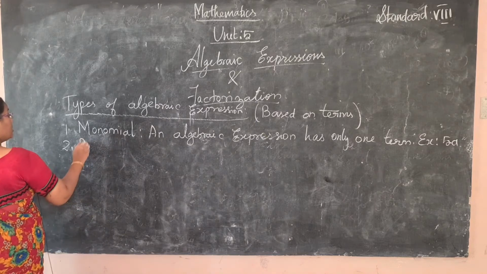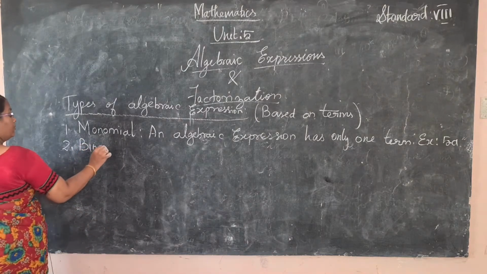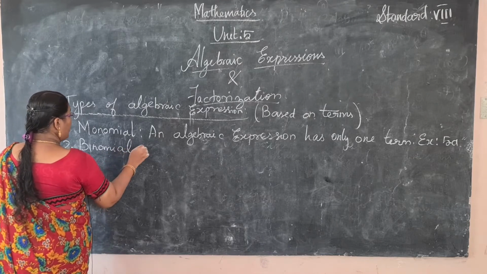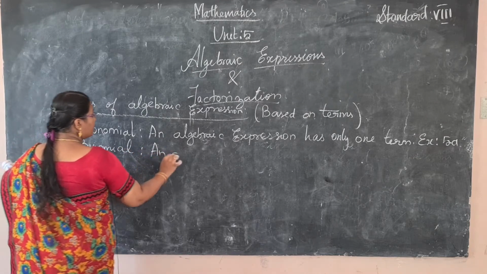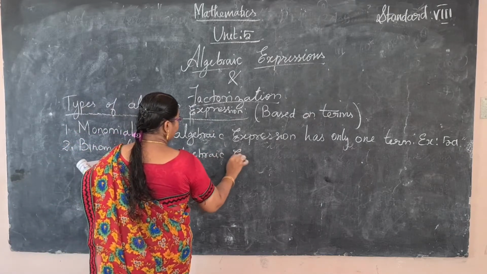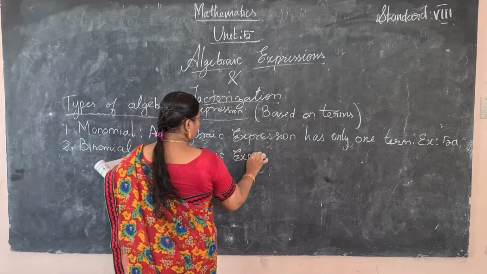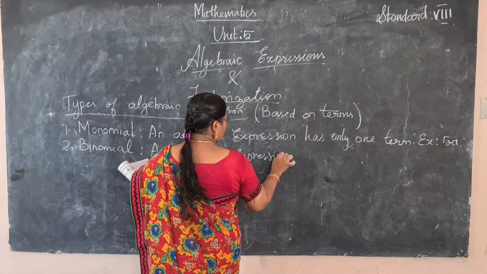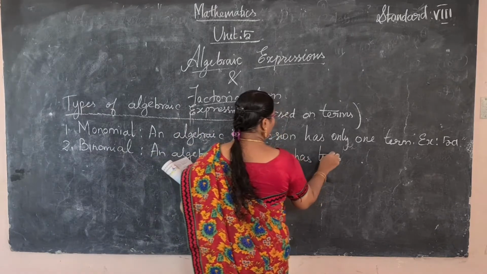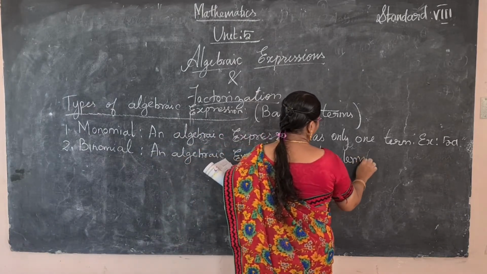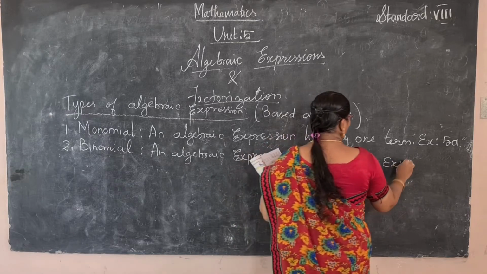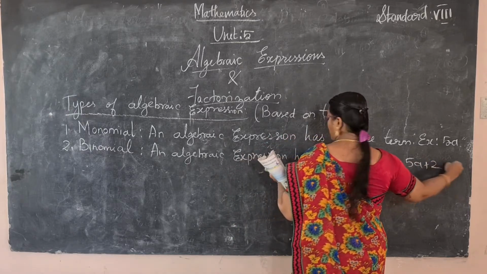And the next one is binomial. A binomial is an algebraic expression that has two terms. Example: 5a plus 2.